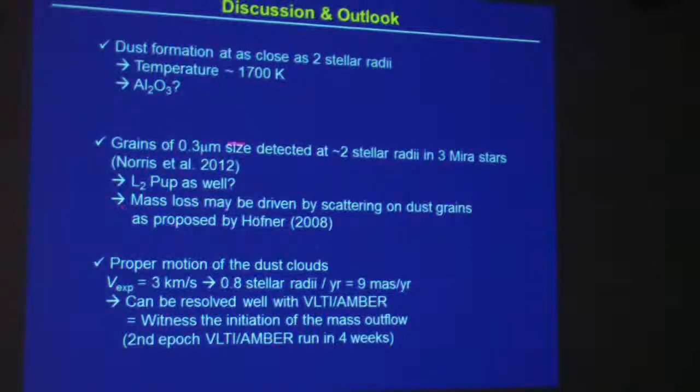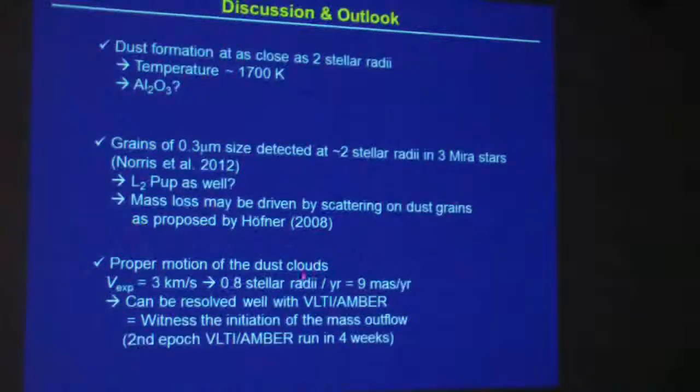And actually we can test this scenario by measuring the proper motion of dust clouds. If we adopt an expansion velocity of 3 km per second as measured by radio observation, then the dust clouds are supposed to travel 9 milliarcseconds per year. And this is well resolved with VLTI AMBER.